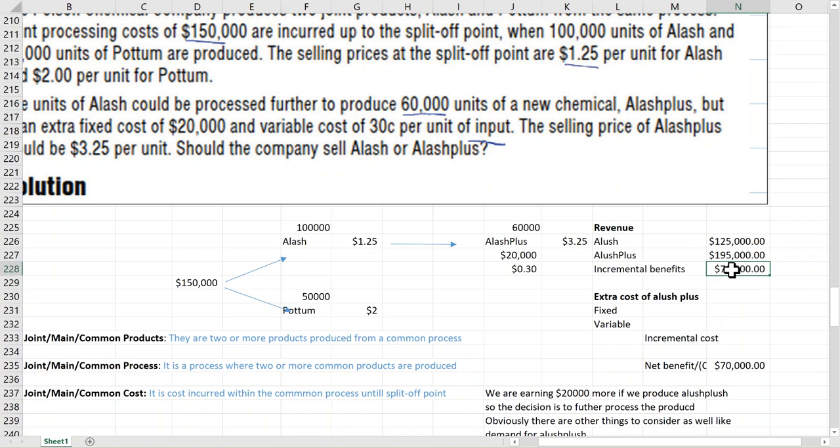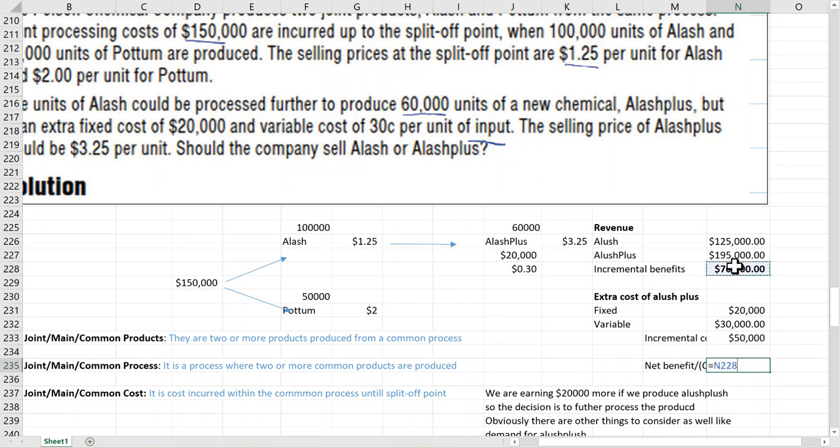But there is extra cost as well incurred. One is the fixed cost that we will be incurring. Another is 30 cents per unit of input. Remember, input are 100,000 units, output are 60,000 units. So 30 cents multiplied by units of input. So we have incremental costs of 50,000.